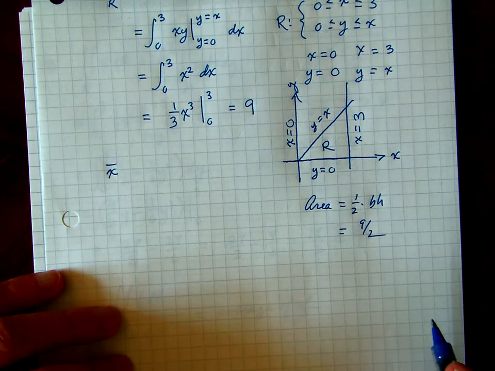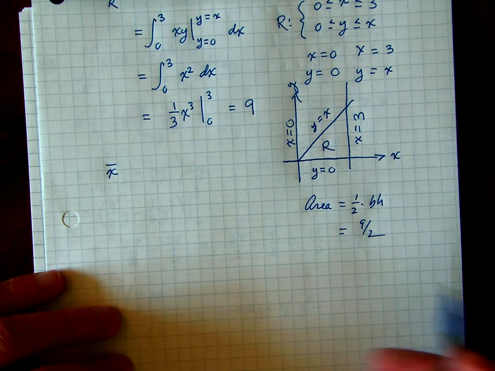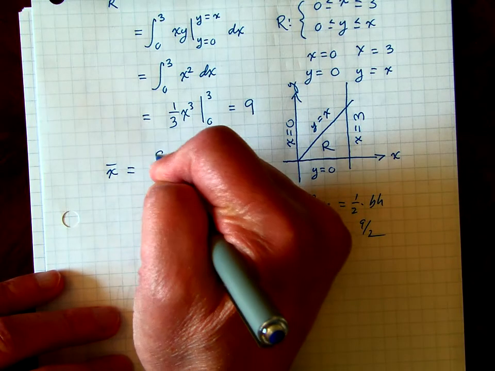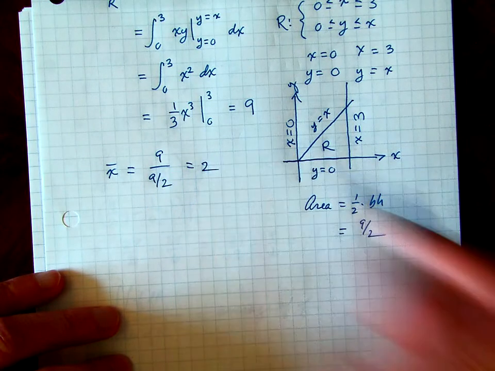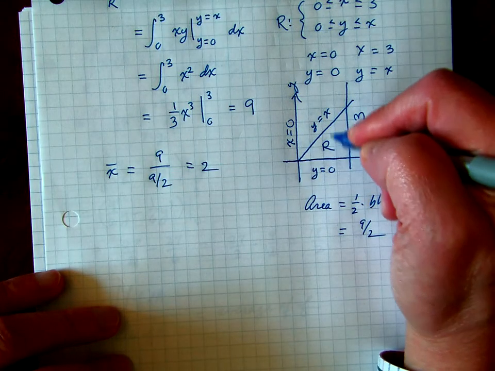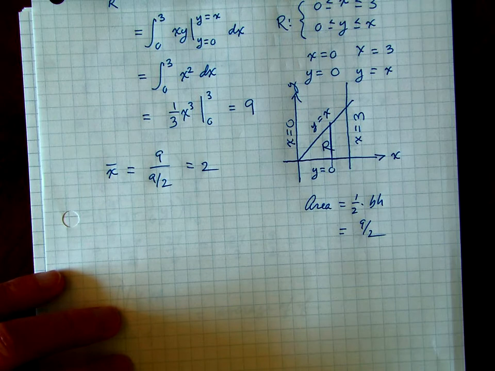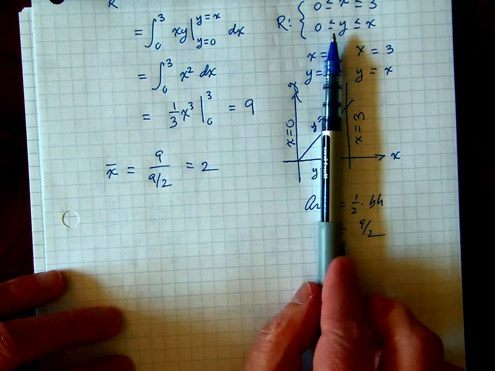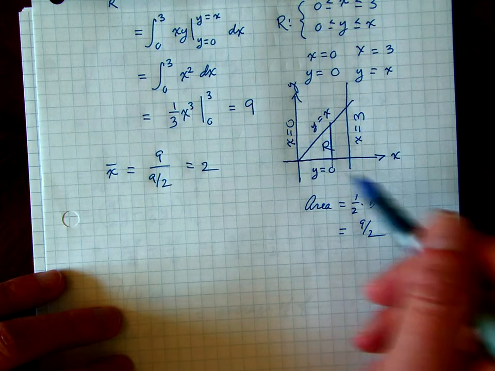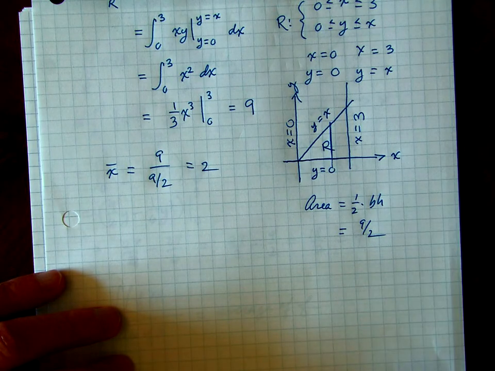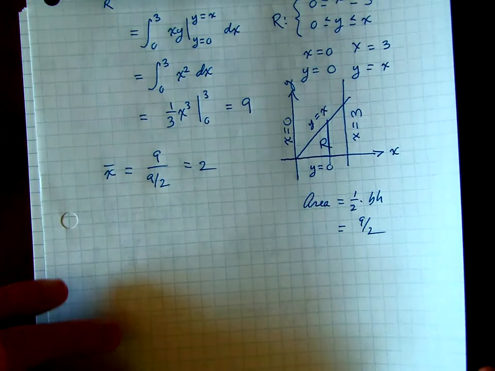X bar is the centroid, or the center of gravity, or the center of mass. It's 9 divided by the area, we get 2. So x bar is 2, and that's the balancing line that goes through the centroid of this triangular plate. You'll see this in other forms later. We did x bar. We could have easily done y bar.